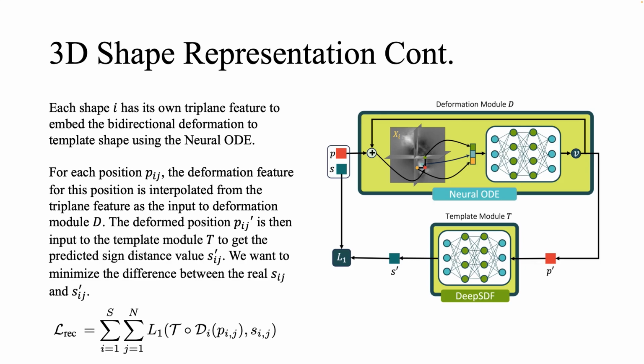We want to minimize the difference between the real F_ij and F_ij prime to learn a general template shape for this class, and also the deformation module to represent the deformation for each shape given the triplane features.